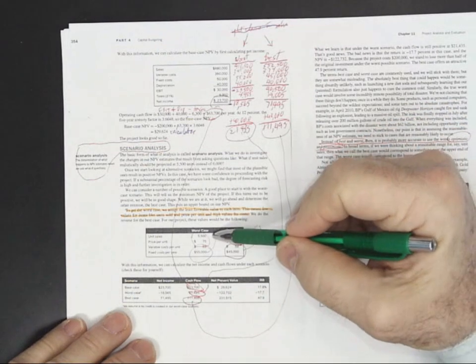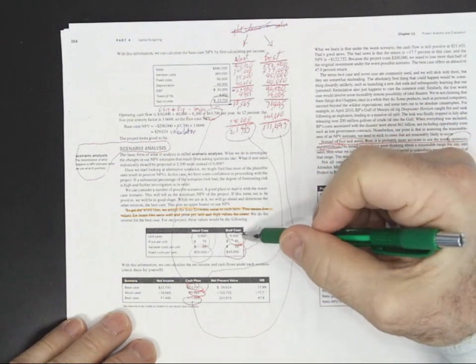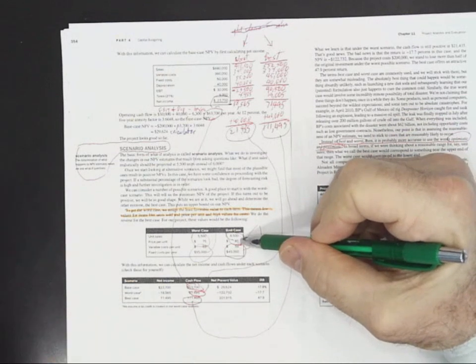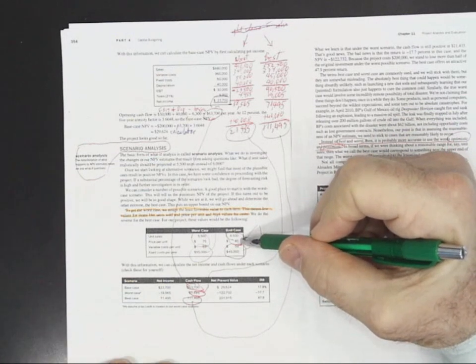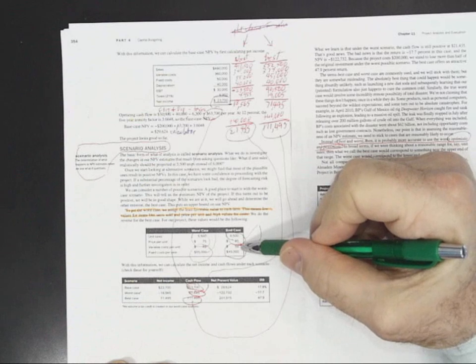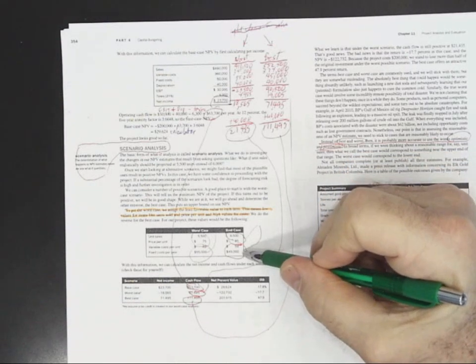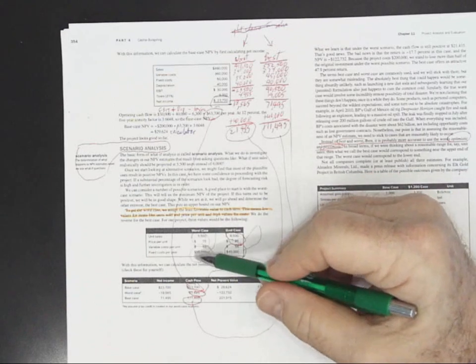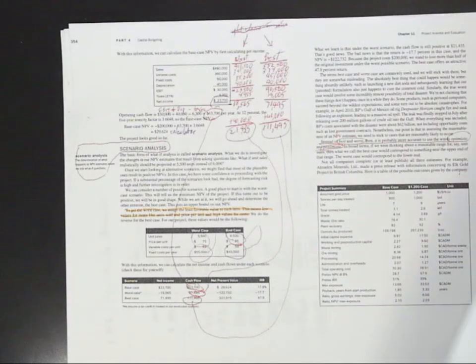So our best case in unit sales would be 6,500. Our best case in price per unit would be 85. Those are the two high numbers. The best case for variable cost would be a low number, and the best case for fixed cost would be a low number. And of course, it's just reversed in the worst case scenario.